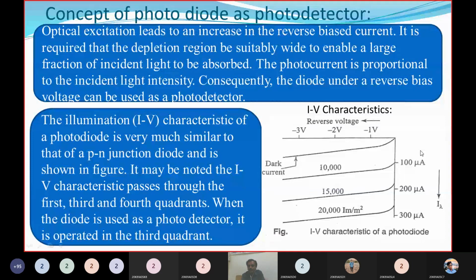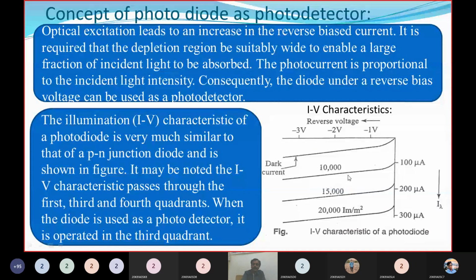One region is in the third coordinate, another region in the fourth coordinate, and the next region in the first coordinate. In case of forward bias, that is the first coordinate, at lower voltages. If you take a photodiode, the IV characteristics of the photodiode will be only in the third coordinate.